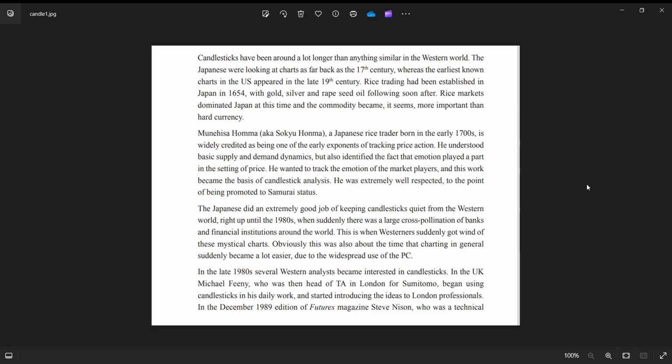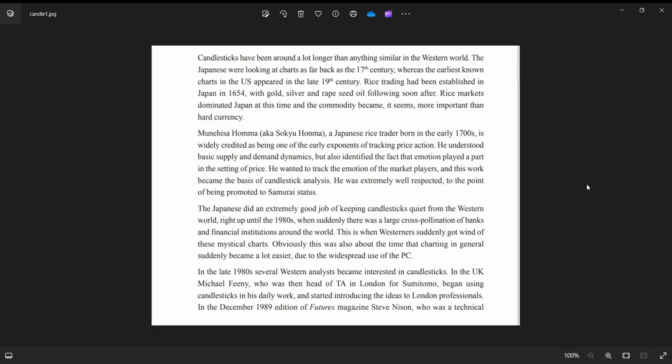He's called Munehisa Homma, generally called Sokyu Homma. He was a trader who traded rice, gold, silver, and also some goods like that.